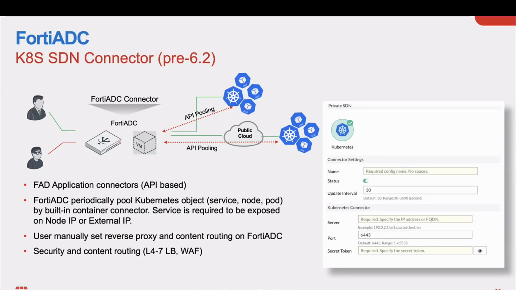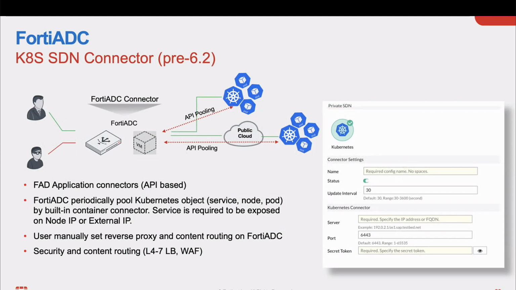And in order to pull the object information dynamically, we have the K8s SDN Connector on the FortiADC. The SDN Connector is API based. It is doing API polling to the control plane and getting the information of the services running in Kubernetes.